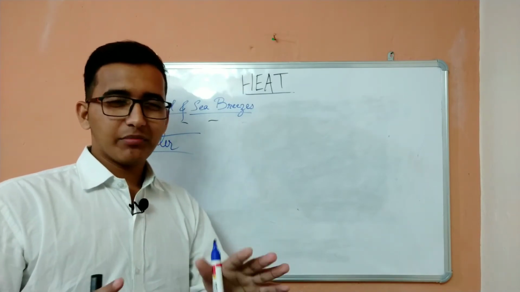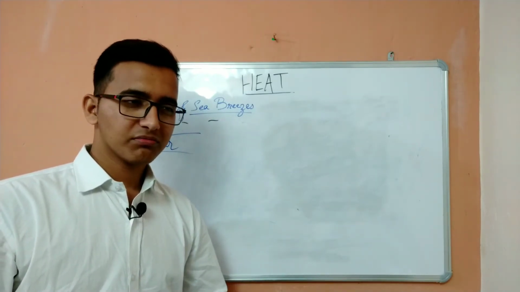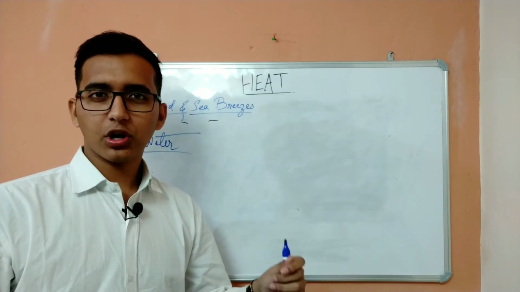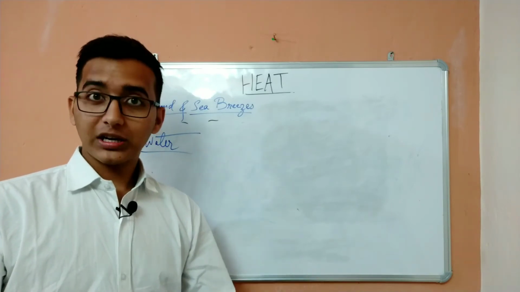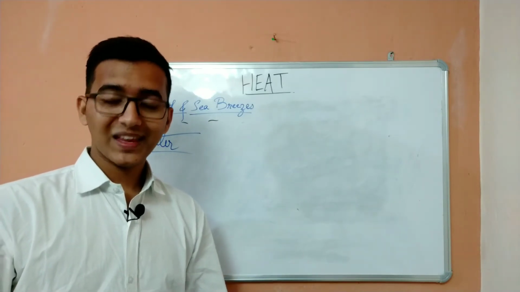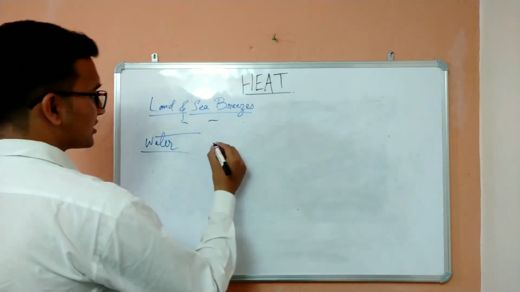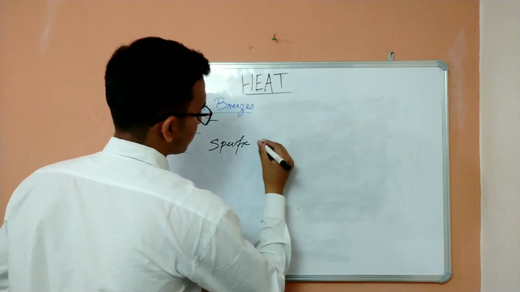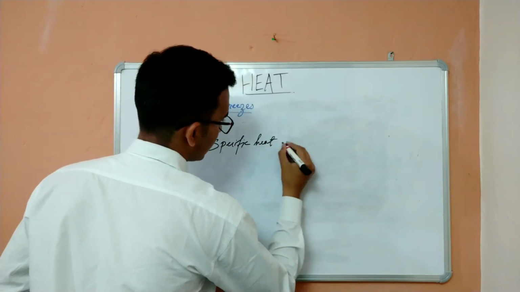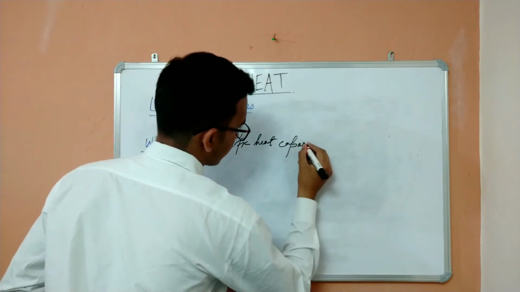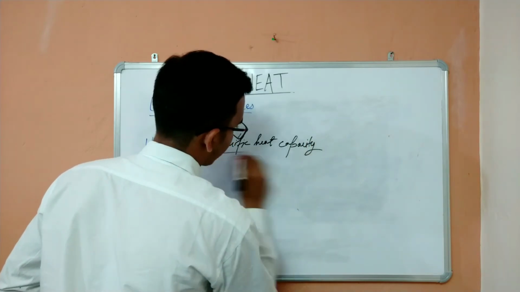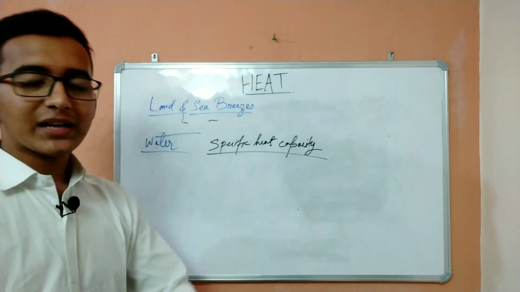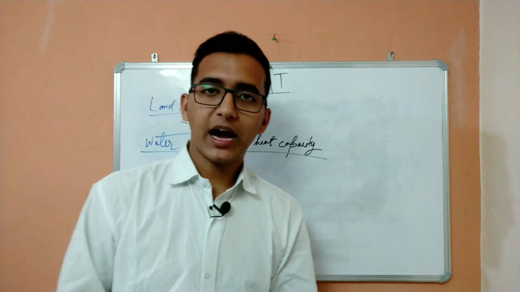After 5 or 10 minutes, you will find the spoon has come down to normal temperature. It's not hot at all, but the water is still hot. This is called specific heat capacity. The specific heat capacity of water is very high.